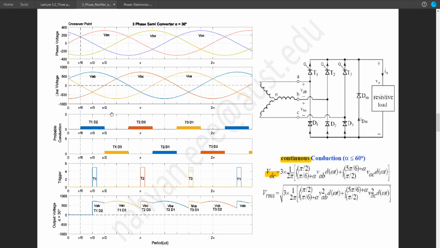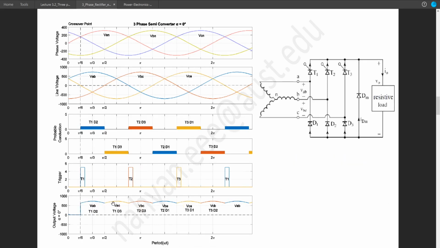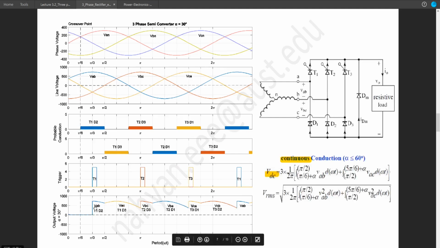Here D2 is turned on, but we are not getting any voltage until we turn on T1. When T1 is triggered at this portion, we will have the output voltage equal to VAB, just like the previous diagram, but shifted 30 degrees.